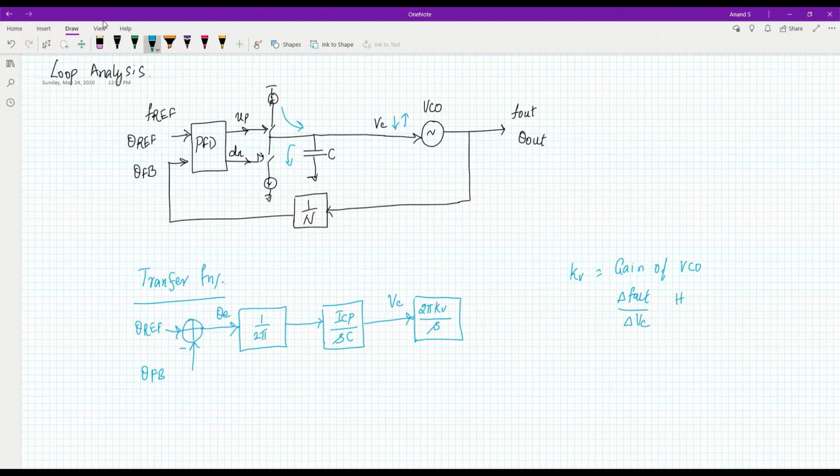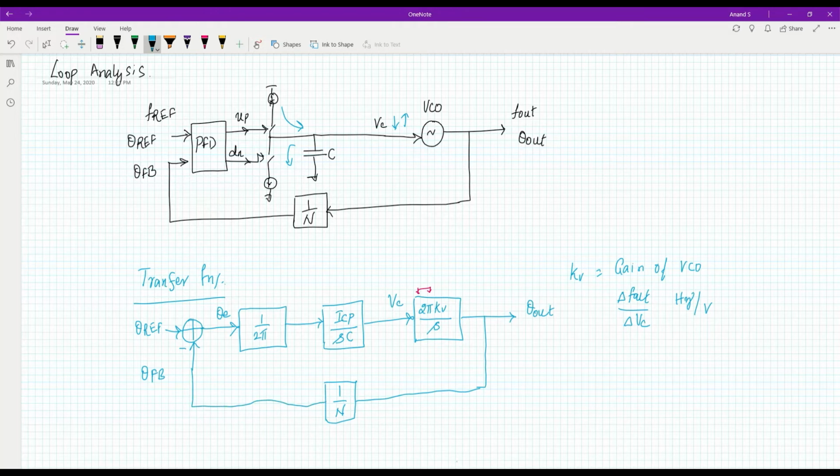The unit for this is hertz per volt. Here 2 pi is used to convert this into radians, and integration is happening to convert this into a phase. So this generates my output phase theta out. Then I have a divider 1 by N, whose transfer function is 1 by N. So now the whole loop will look like this.